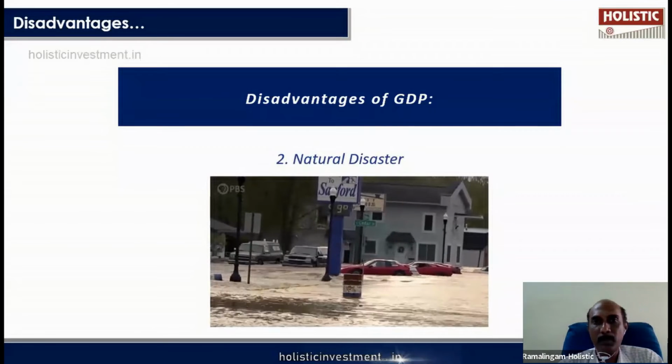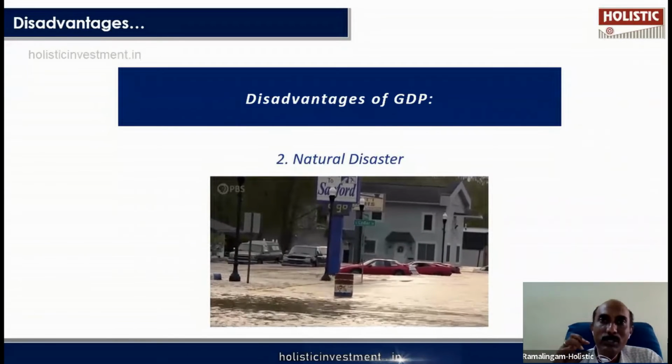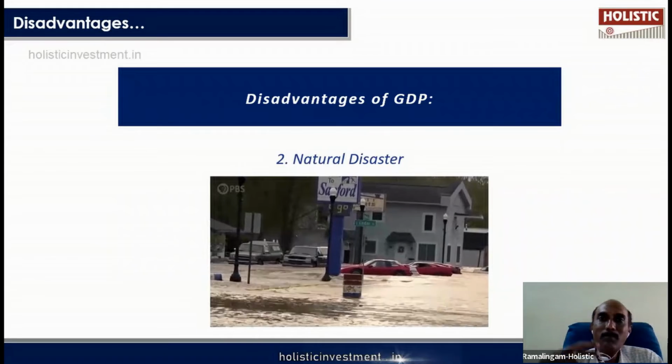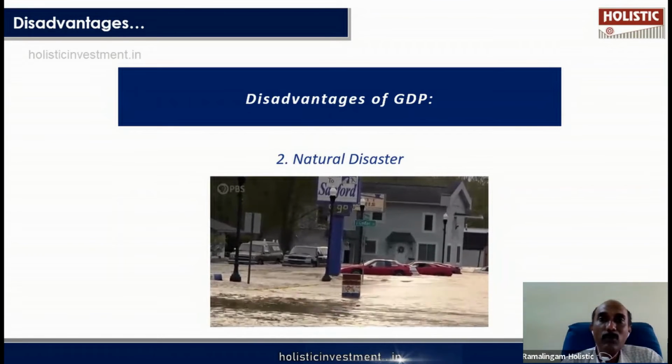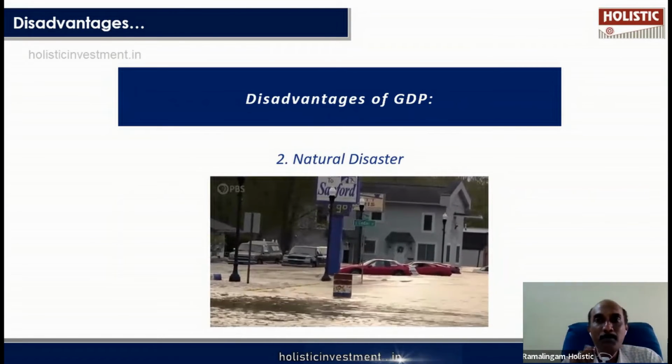A natural disaster will impact the economy, so the government will relax many of its norms, and because of that, GDP will temporarily go up. But it is basically because of the boosting measures given by the government.